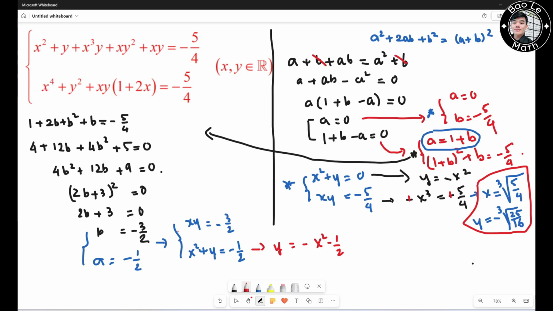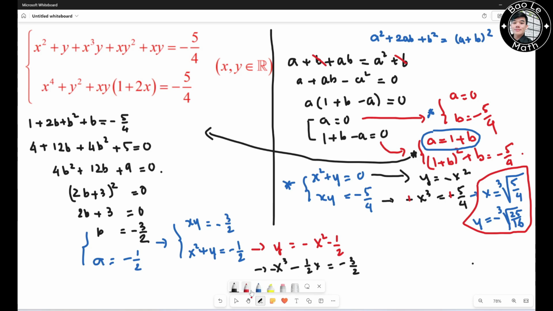I substitute into the first equation right here. So I'm going to end up with negative s cubed minus 1/2 s equals negative 3/2. Alright, so I multiply both sides by negative 2.